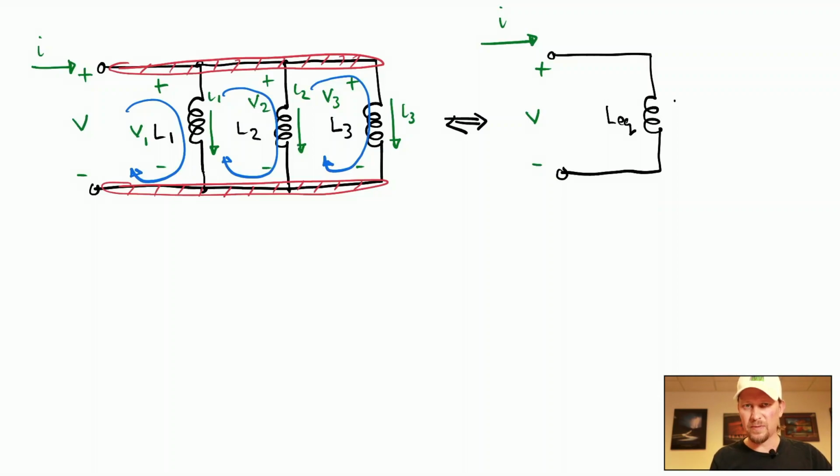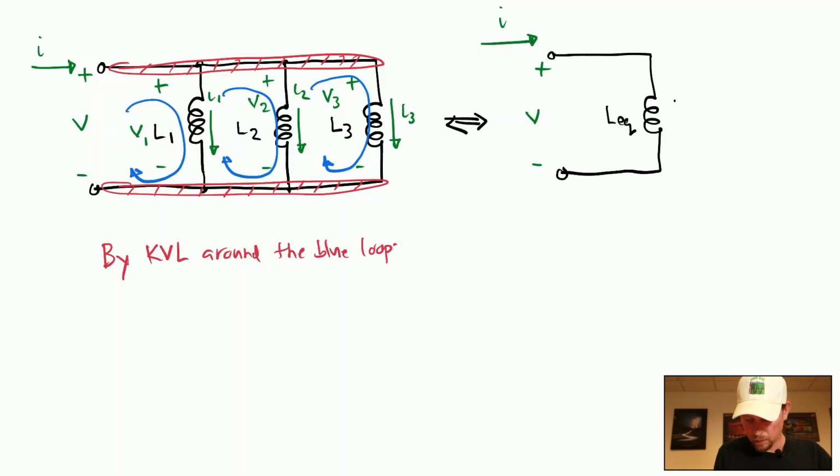And if I use KVL around those loops, one of the things that you should be able to hopefully see by inspection is that the voltages V1, V2, and V3 are identical, and they're identical to V. So here, by KVL around the blue loops, in other words, I add up those voltages, a conclusion that you should be able to reach is that V1 is the same as V2, is the same thing as V3, is the same thing as V.